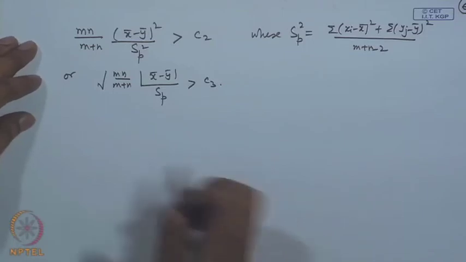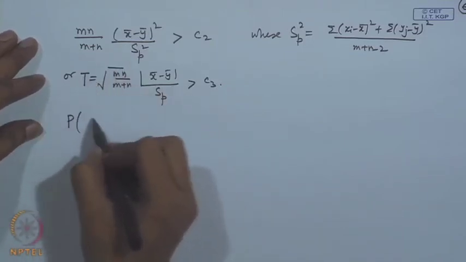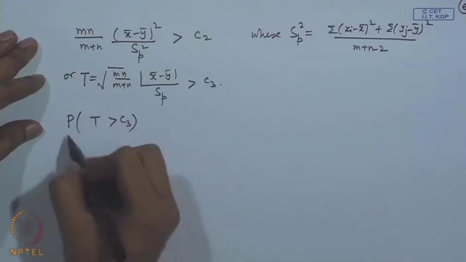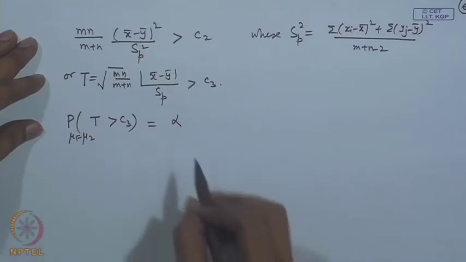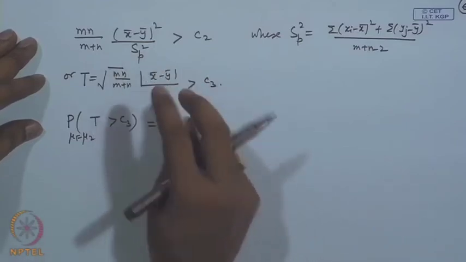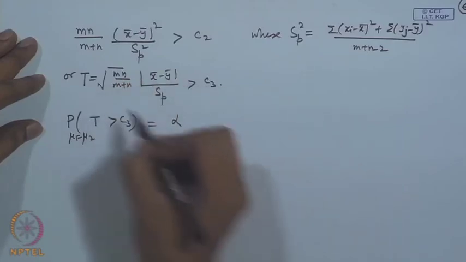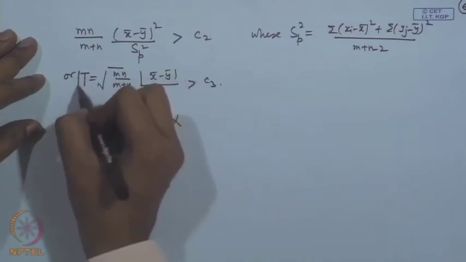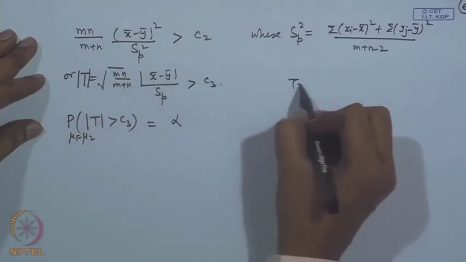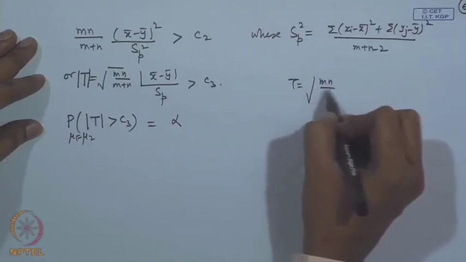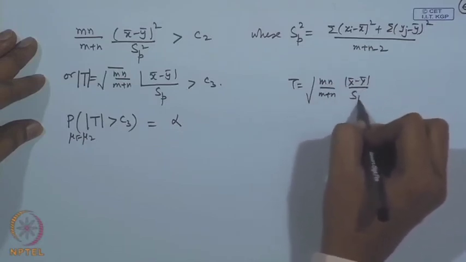Now, we would require, let me give this term as t, probability of t greater than C 3 when mu 1 is equal to mu 2 should be equal to alpha. In yesterday's lecture, I gave the distribution of this. So this is modulus t, where t is root m n by m plus n times x bar minus y bar divided by S p.